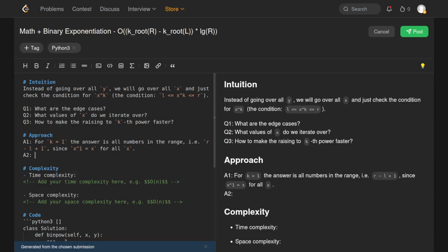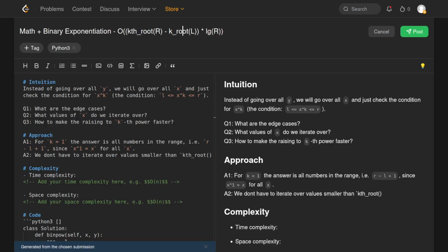We don't have to iterate over values smaller than the kth root of L. I can write it here in LaTeX.